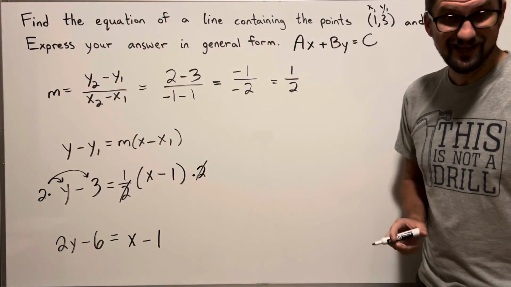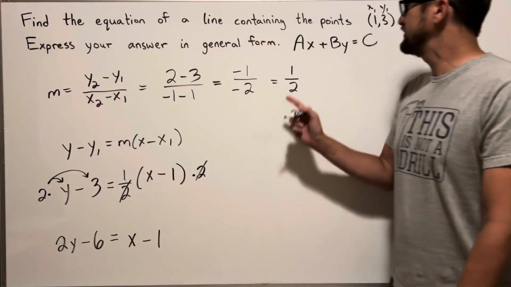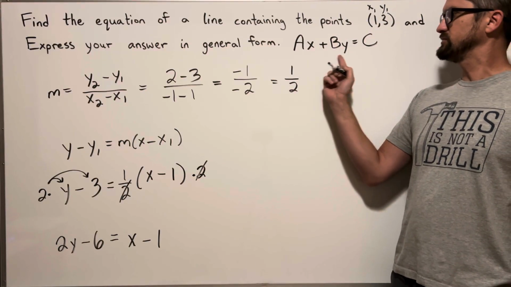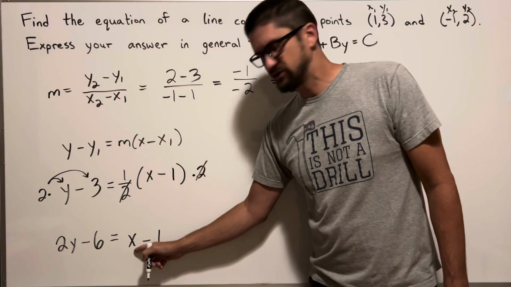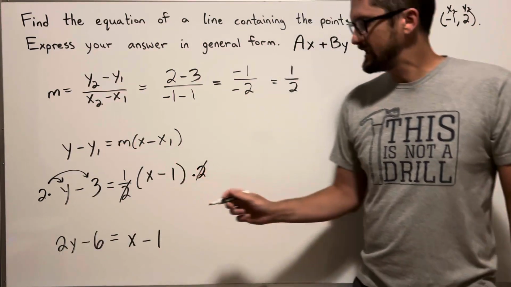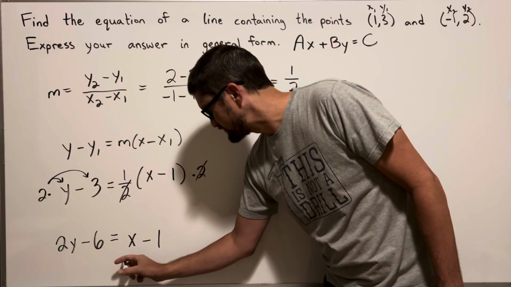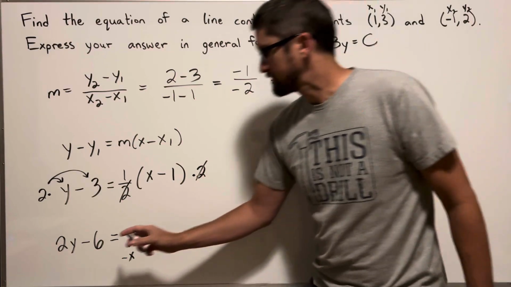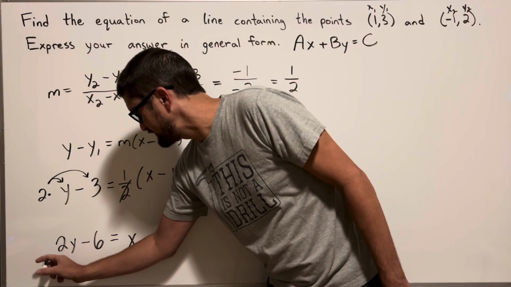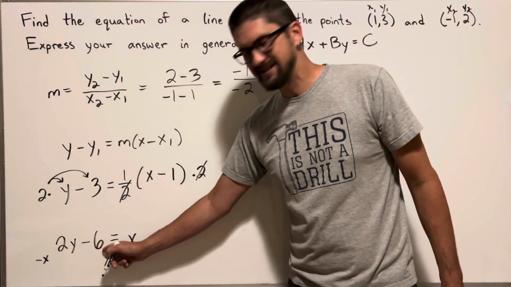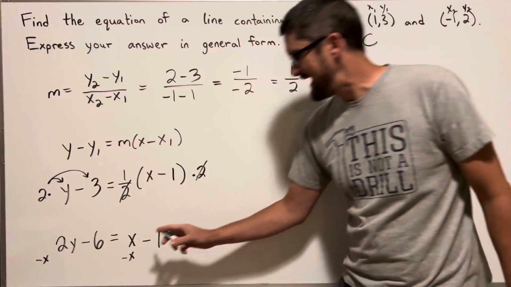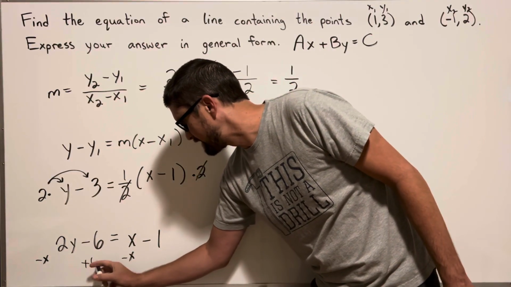on the right-hand side. All right, so in general form, you can see the x and y terms are on the left-hand side. So I need to get this x term right here on the left-hand side. And I can do that by subtracting x on both sides. I'm going to put it in front of the 2y. And I want to get rid of this minus 6 by adding 6 on both sides.